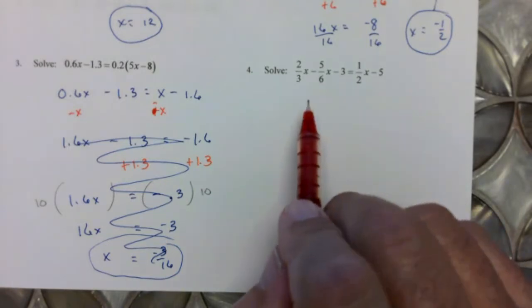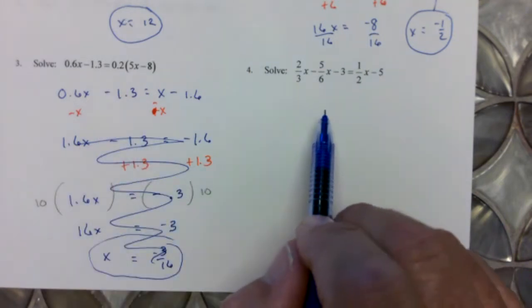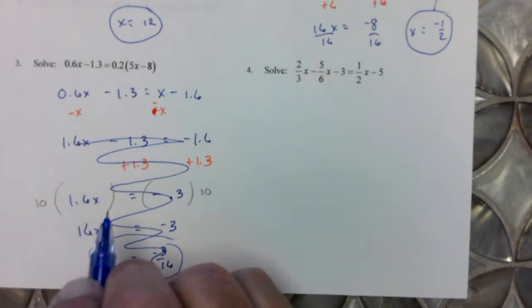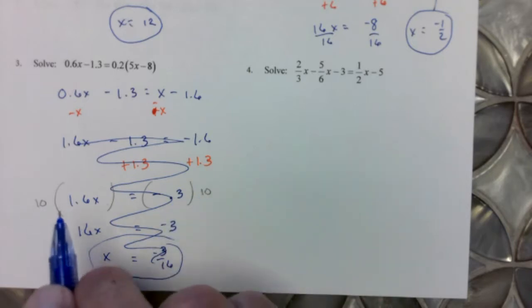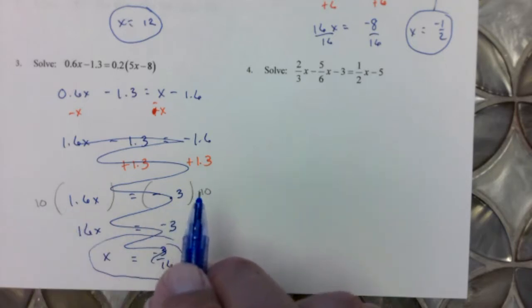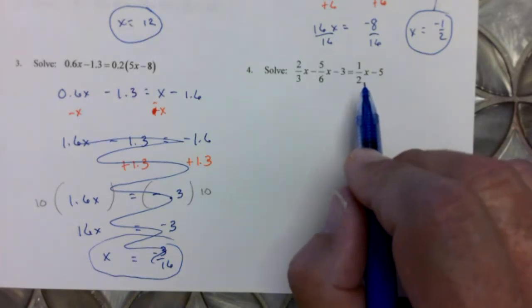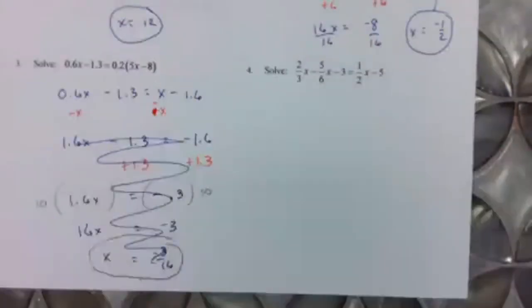Okay, so this time, instead of decimals to mess with, I have fractions. And when we were talking about decimals, we said we can multiply everything on both sides by a number and distribute it through. Well, I can do the same thing here, multiply everything by a number, and I mean everything, to help me clear that denominator.